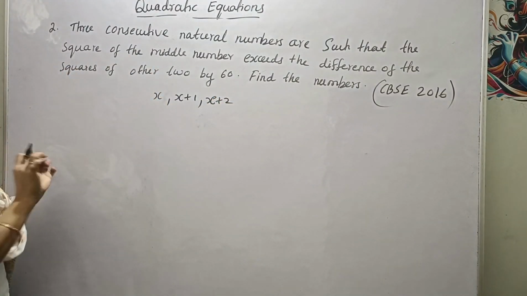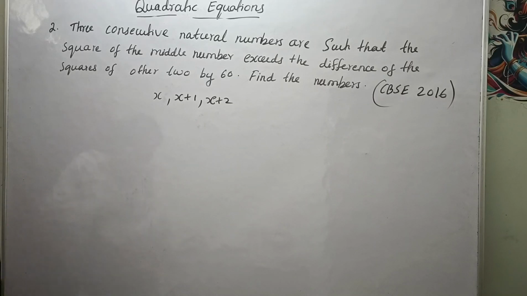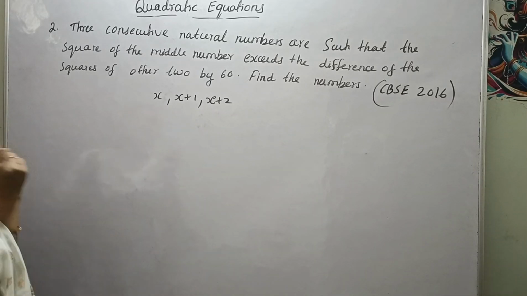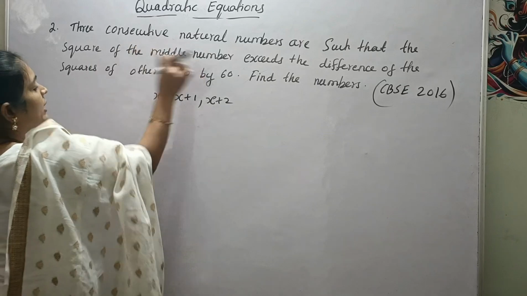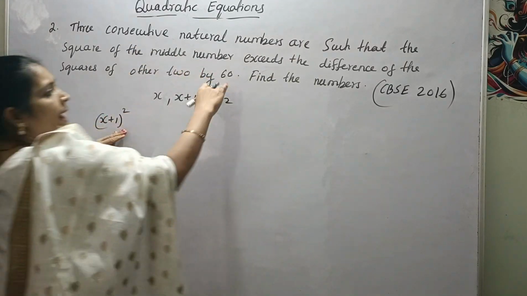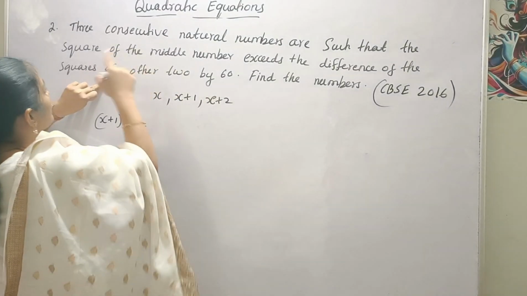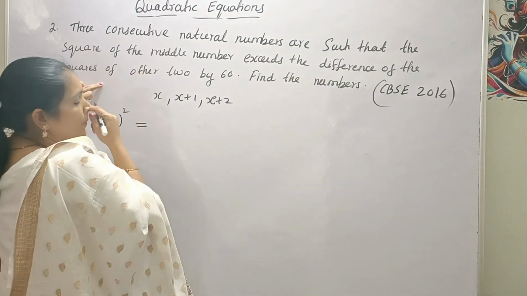Okay, it is given that they are consecutive natural numbers, so positive numbers. And given that the square of the middle number, that is x plus 1 square, exceeds the difference of the squares of the other two.